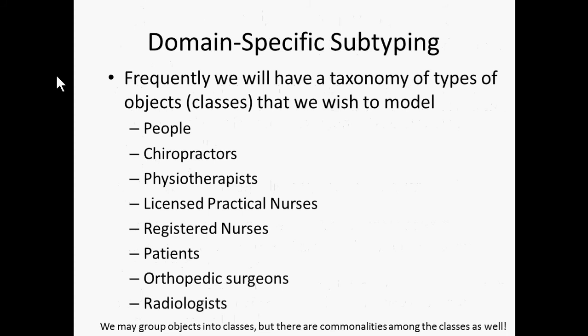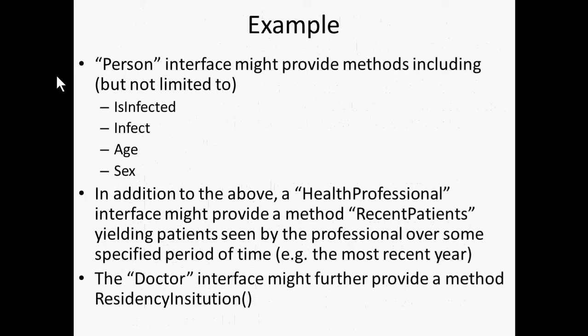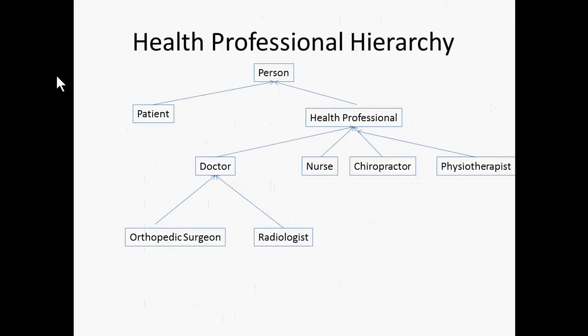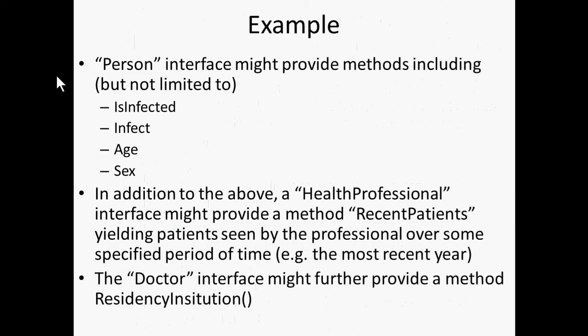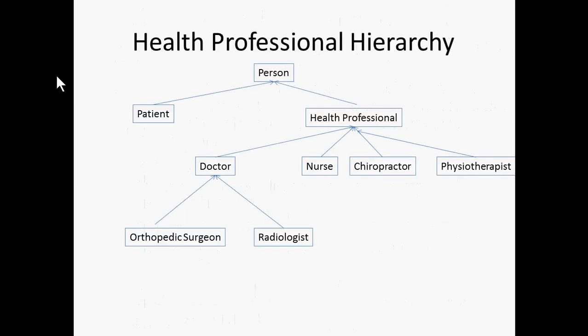So, we may want to organize things into a hierarchy, where we have person and patient and health professional. And we have doctors, nurses, chiropractors, and physiotherapists who are health professionals, and doctors have several types of docs under them, right? A person here might have certain common things that are shared by all of these folks.